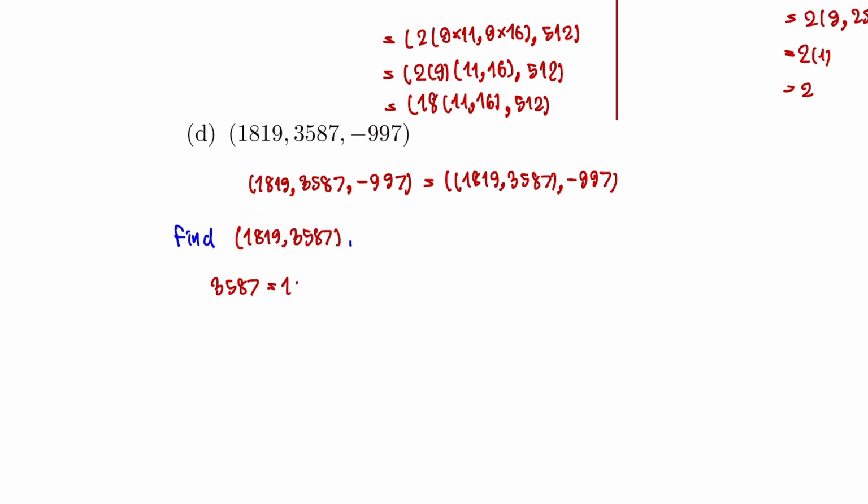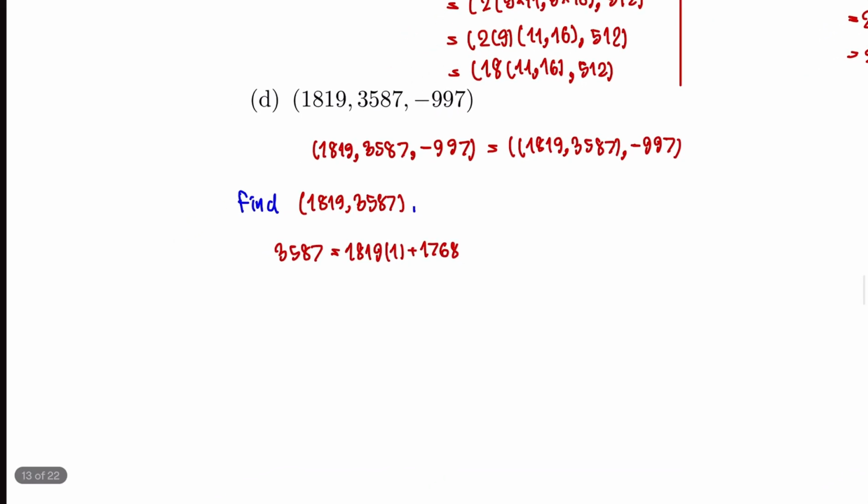So it's 1 times 1819, plus which number? 3587 minus 1819 is 1768.